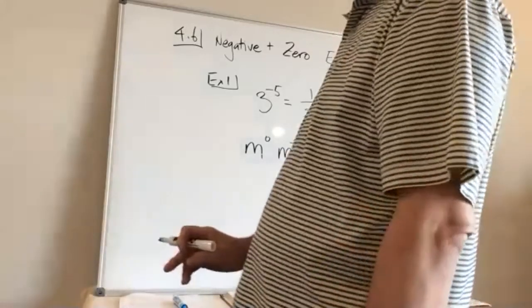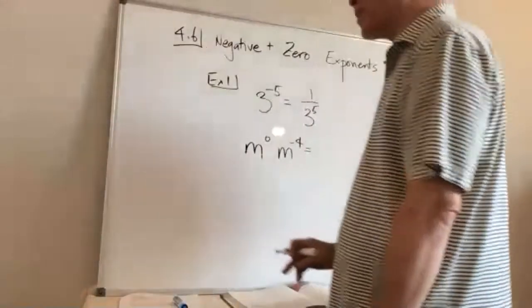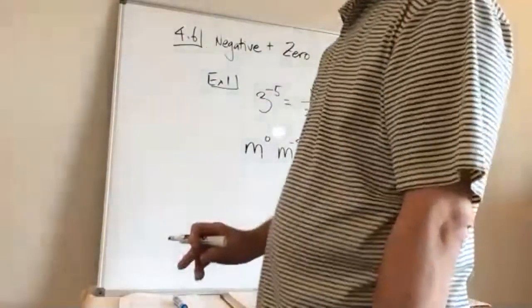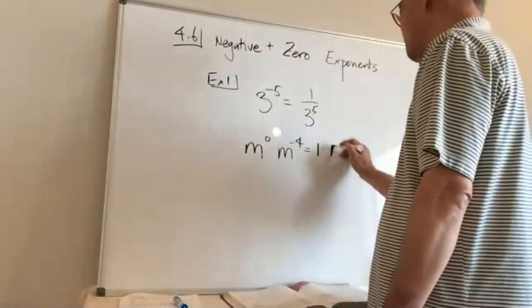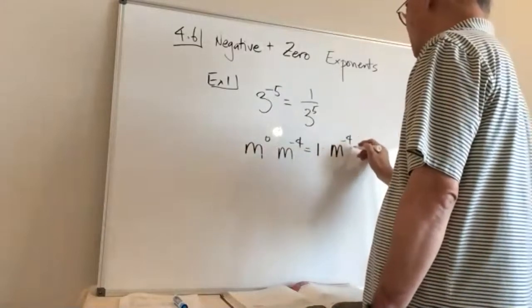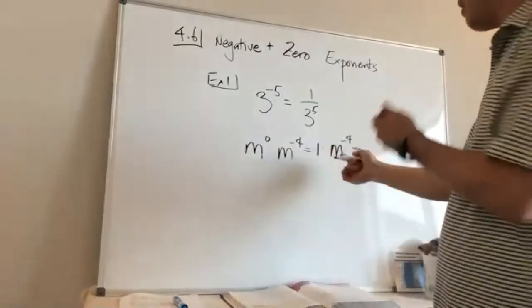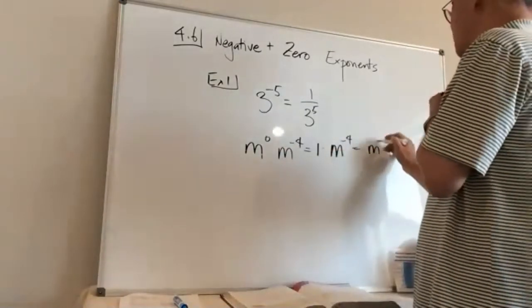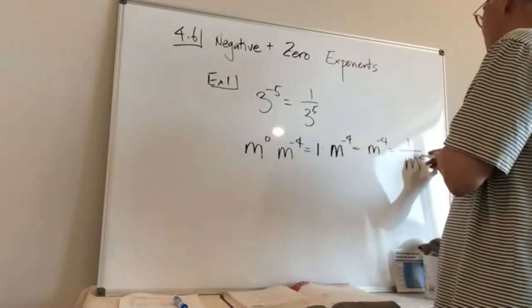Josh, what is m to the 0 power? 1. Exactly. So this is 1 times m to the negative 4th. The 1 kind of goes away, because 1 times something is the same thing. So it's m to the negative 4th, so it is 1 over m to the 4th.